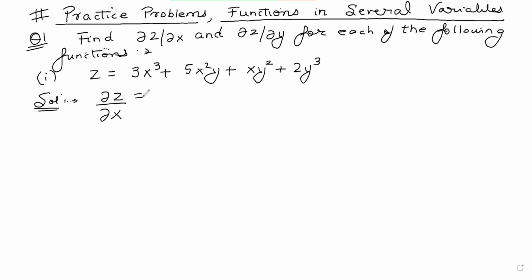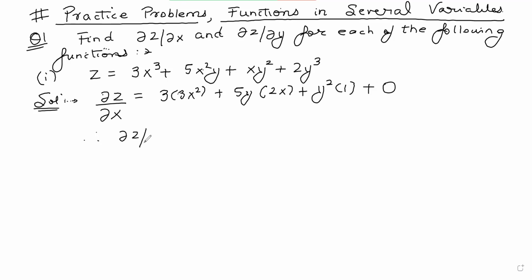So you get 3 times 3x squared plus 5y times 2x plus y squared times 1 plus 0, since 2y cube is a complete constant. So del z by del x comes out as 9x squared plus 10xy plus y squared.